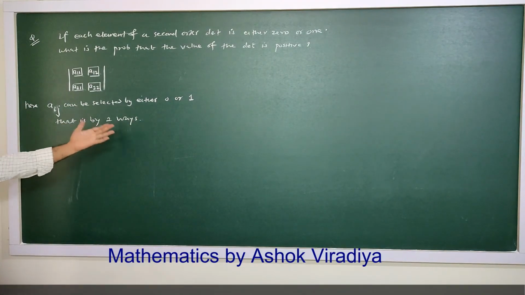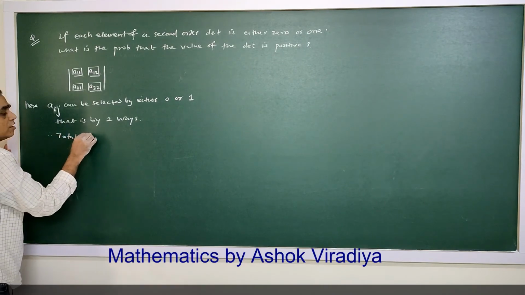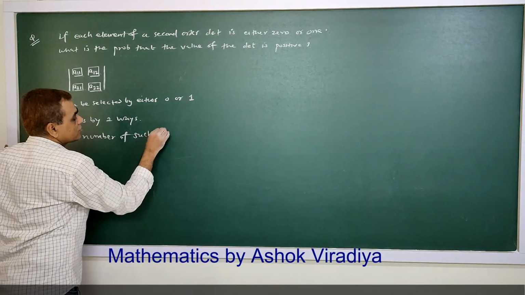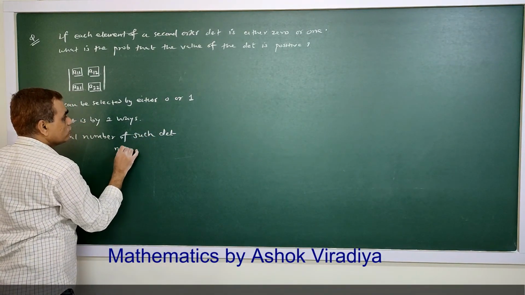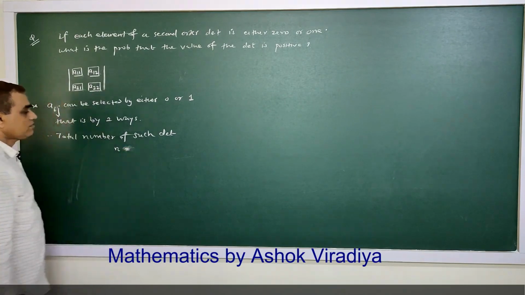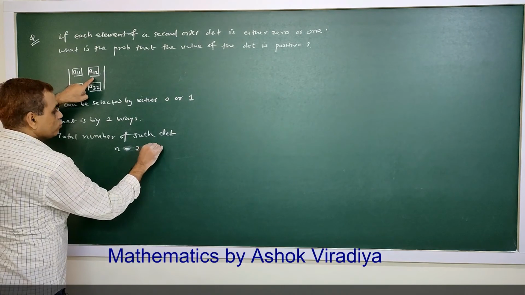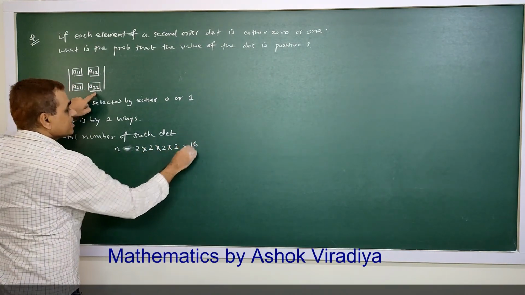Each element can be selected in two ways. So the total number of such determinants is n equal to this place by two ways, this place by two ways, this place by two ways, this place by two ways, that is 16.